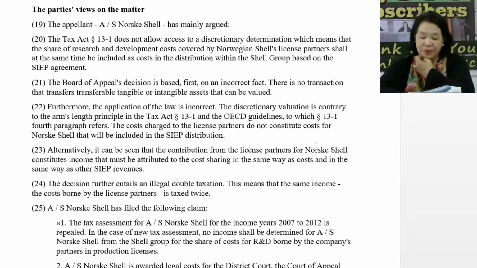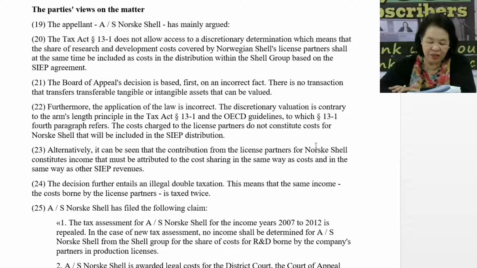Furthermore, the application of the law is incorrect, no? So, question of law. The discretionary valuation is contrary to the arm's length principle in the Tax Act, Section 13-1, and the OECD guidelines, to which Section 13-1, fourth paragraph refers. The cost charged to the licensed partners do not constitute cost for Norske Shell that will be included in the SIEP distribution. Ang galing ng kanilang argument, no?